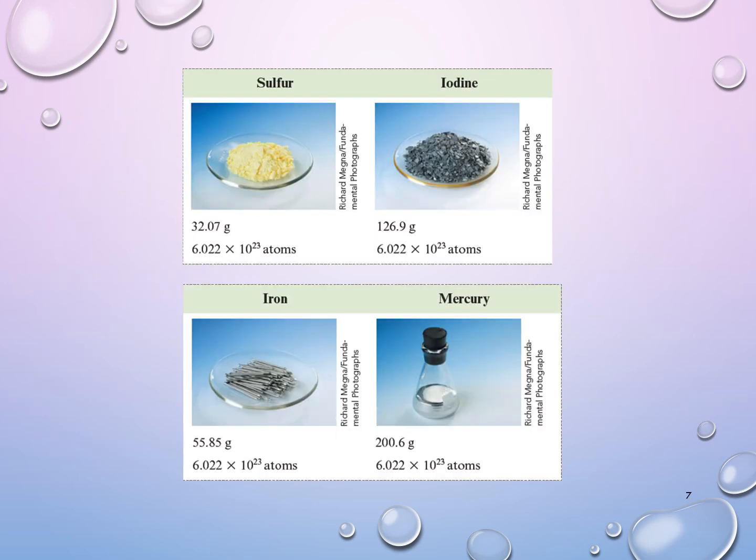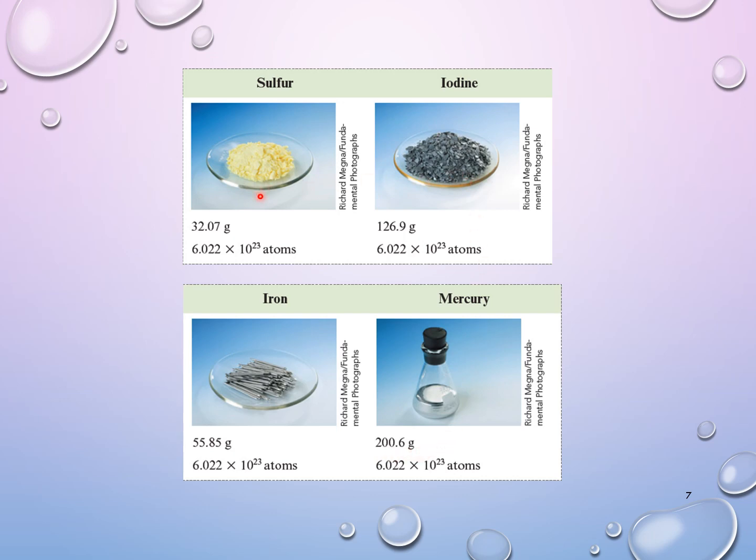Here's a picture of some items to show you the difference. These are all 1 mole. From the periodic table, 1 mole of iodine weighs 126.9 grams, 1 mole of sulfur weighs 32.07 grams, 1 mole of iron weighs 55.85 grams, 1 mole of mercury weighs 200.6 grams.